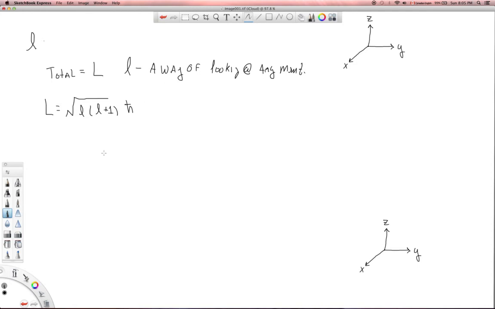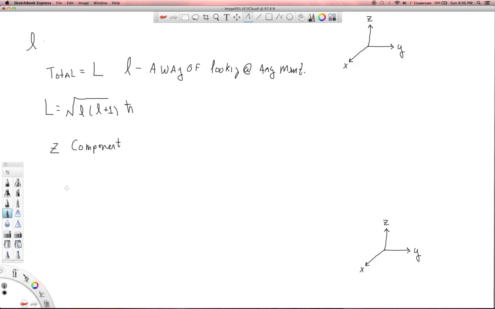Now if I were to look at just a specific part of the angular momentum, I could choose any axis or any component, but for today we're just going to look at the z component of the angular momentum.